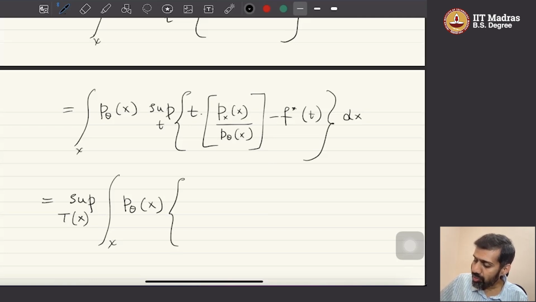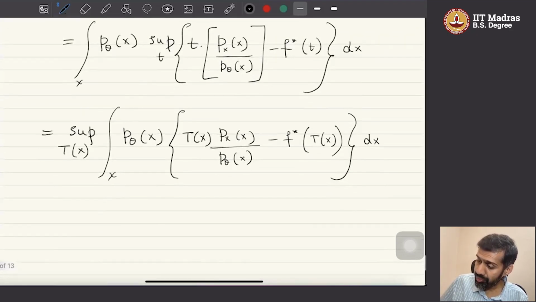This will be some function t of x times p x over p theta of x, minus f star of some function t of x.